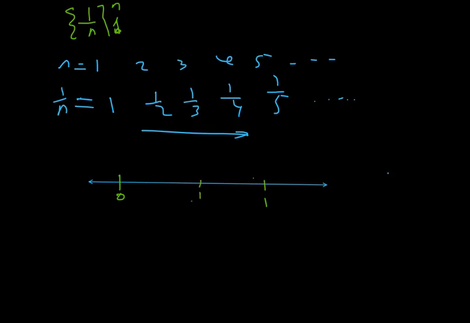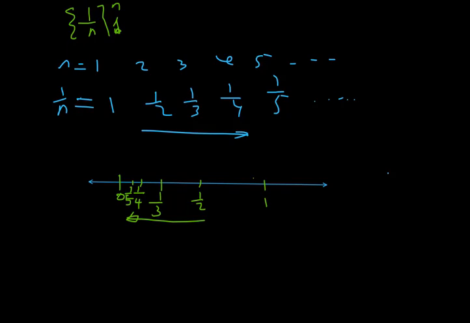The first is 1, the second is half, the third is 1/3, and 1/4. As you can see, it's close to zero. 1/5. So it approaches zero.